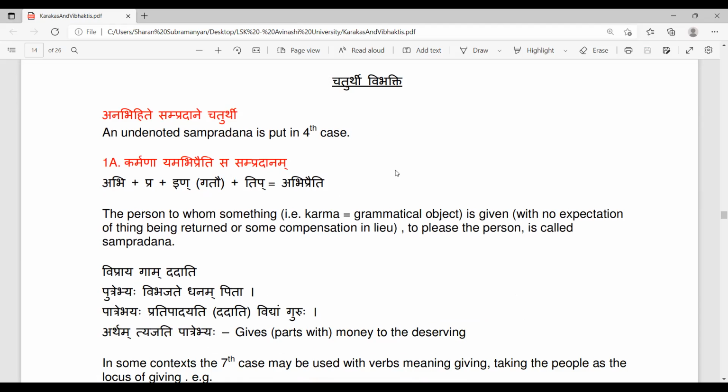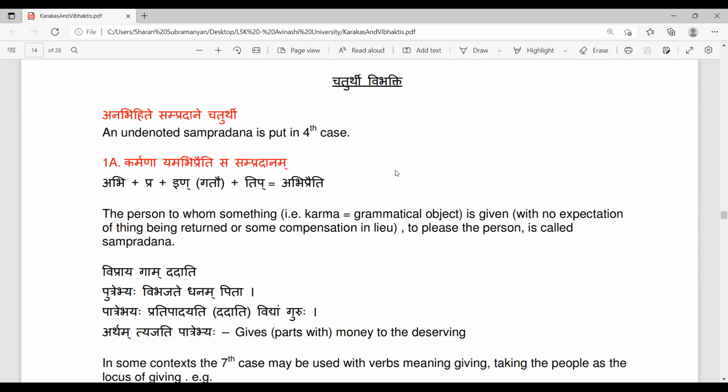So the Dhatu i having the Upasargas Abhi and Pra, with the Lat lakara, becomes Abhipraiti. Karmana yam abhipraiti. Karmana means by action.